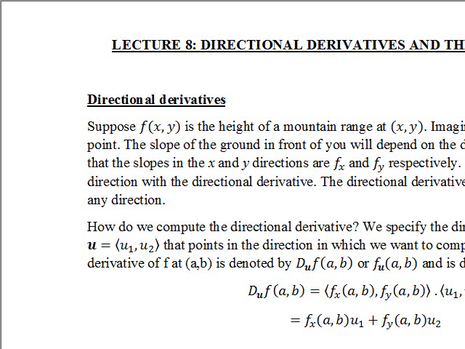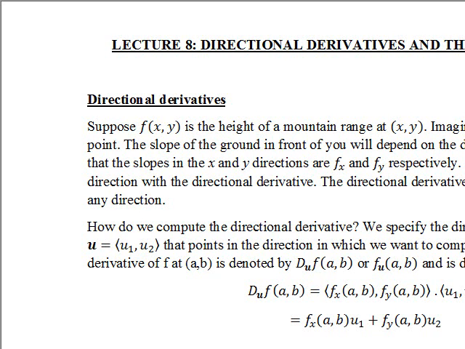If you're standing anywhere and you want to calculate the slope of the ground in front of you, it depends on which direction you're facing, right? If you're facing in the front, you'll have a different slope. Facing on the side, you'll have a different slope. So the slope of the ground in front of you depends on the direction that you are facing.